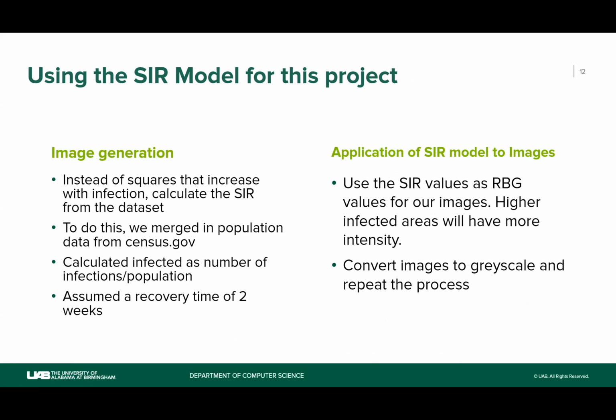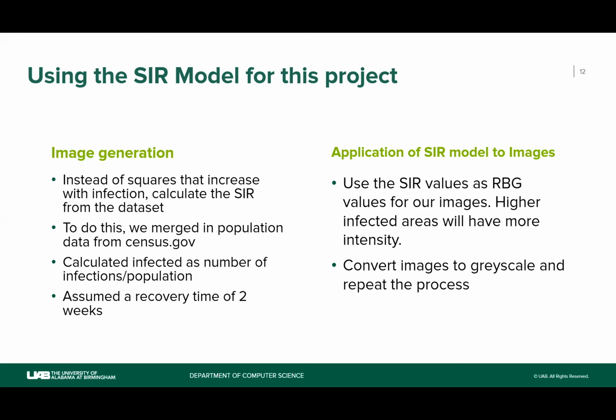And the SIR model, for the project that the paper studied, covered several different configurations of mobility within the population. And so it has a lot of subtle parameters that can be tuned and learned. We hope that instead of having to set those parameters, we can learn those parameters through our CNN. In order to model this at the moment, we're assuming a recovery time of 2 weeks, since we don't have any really solid recovery data.